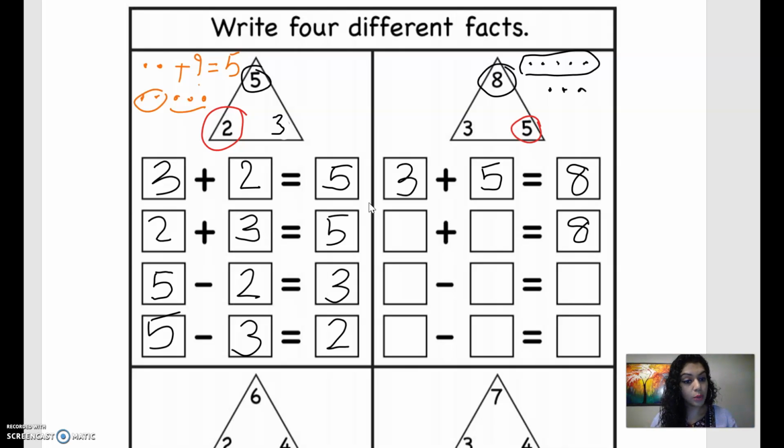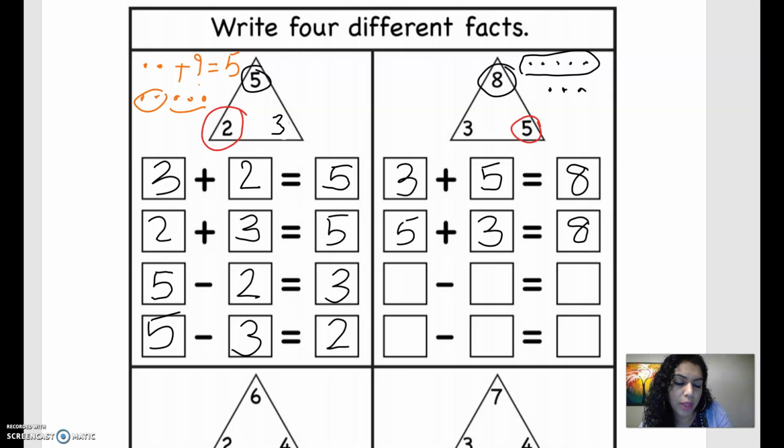Now I could write another equation by using the turnaround rule. Okay, so I'm gonna write 5 here when I turn around and 3 on the other side, other box. So 5 plus 3 or 3 plus 5 give me 8.